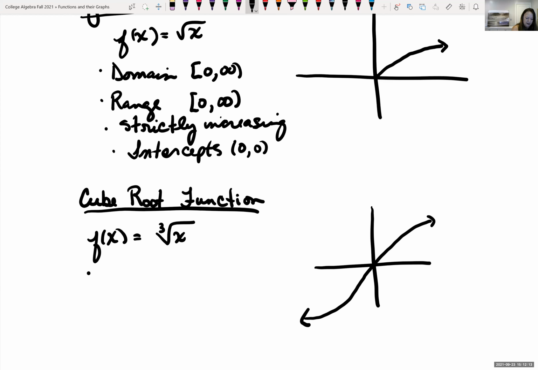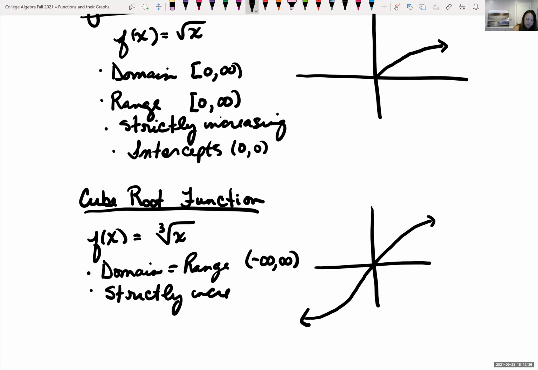Strictly increasing, domain is all reals, and same thing with our range. We're hitting all the real numbers, negative infinity to infinity. This graph is strictly increasing, with an intercept at (0, 0). We've got the reciprocal function.